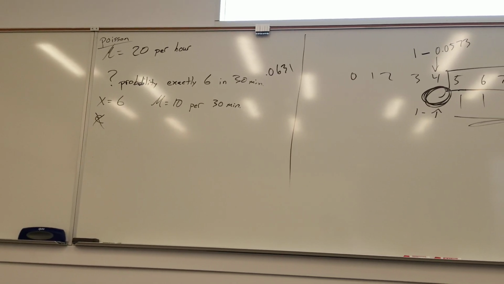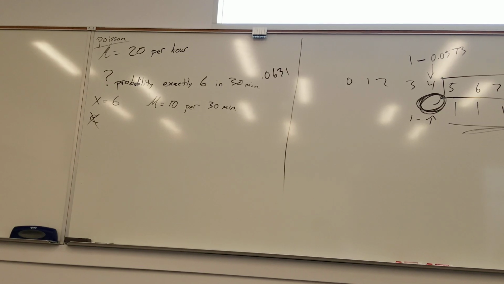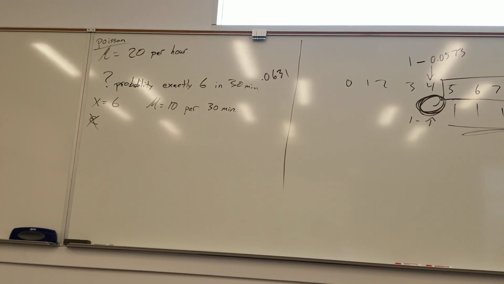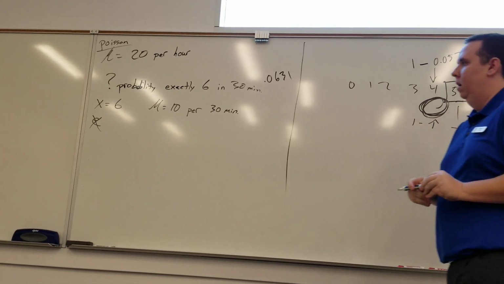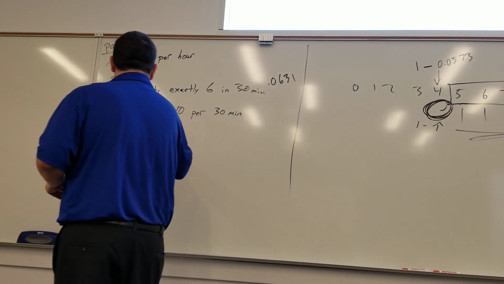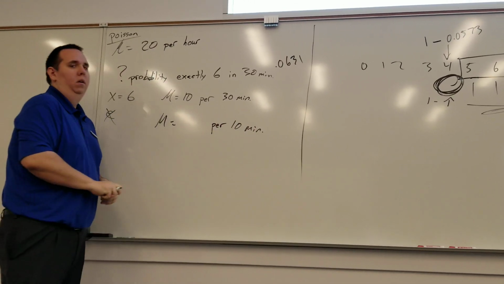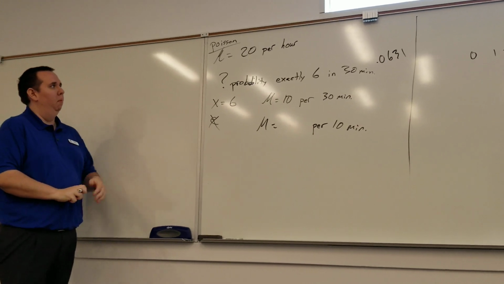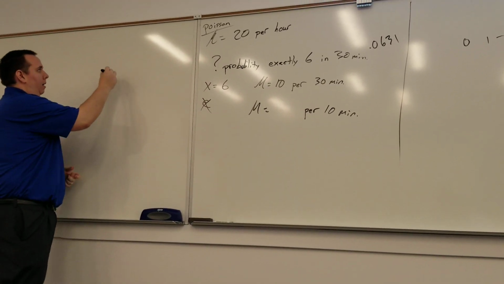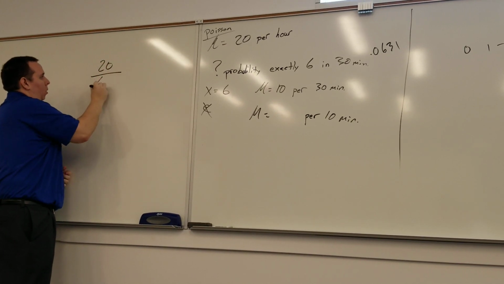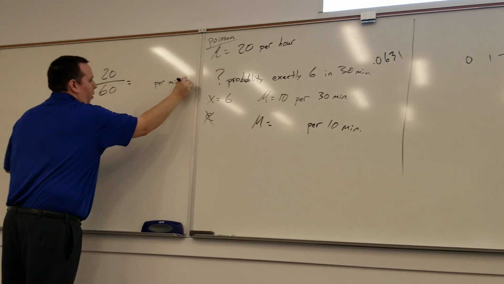So now, the next part of this is exactly 6 customers, so our x stays the same, but now in 10 minutes. So, now would be a good time to come back to this initial mean and find out how many customers per minute.